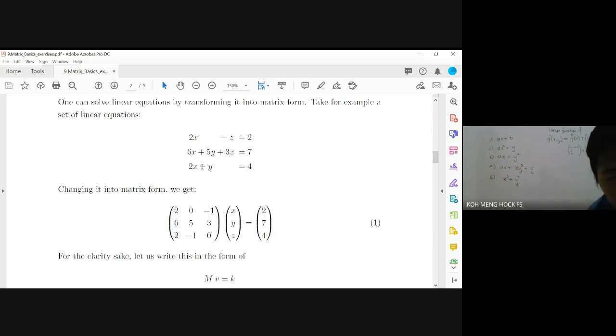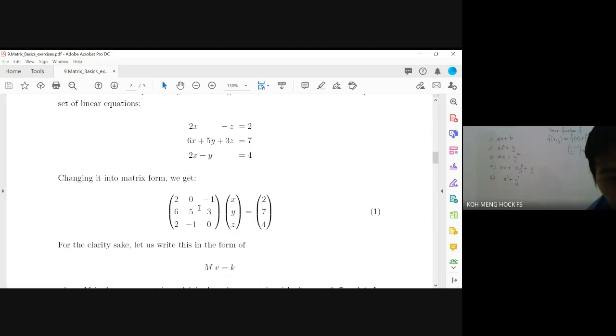From these 3 sets of equations, you write it into a matrix form, like in equation number 1. From here to here, I think everyone can do it because this is very standard. I think in linear algebra class, they have already really trained you on this. You just have to arrange it nicely.